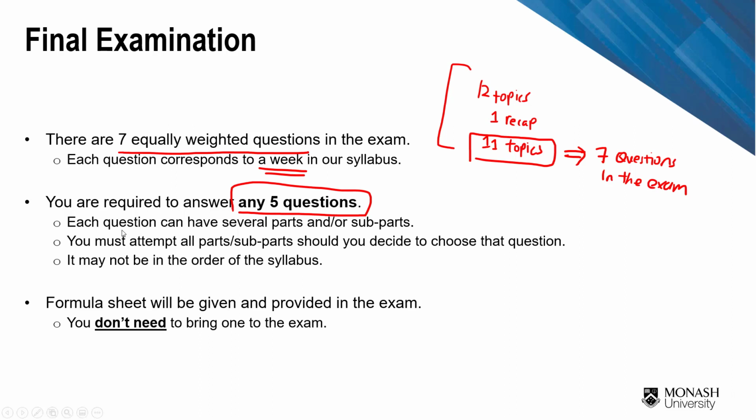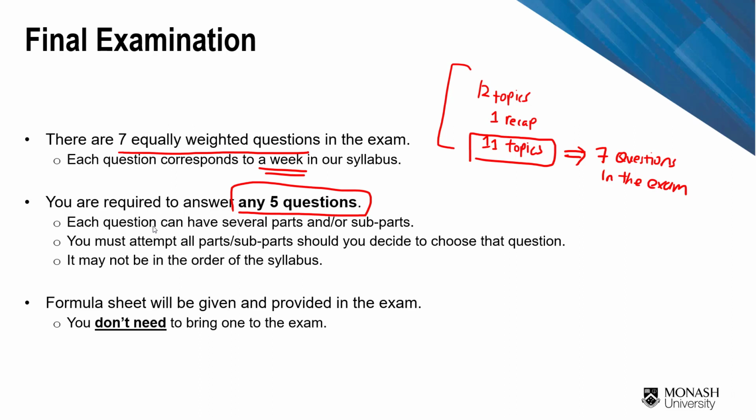Each question can have several parts or even subparts. Once you choose a question, you have to answer all of its parts and subparts regardless. So if you choose question 1, you have to answer question 1A, 1B, or if they have subparts, you have to finish them all.